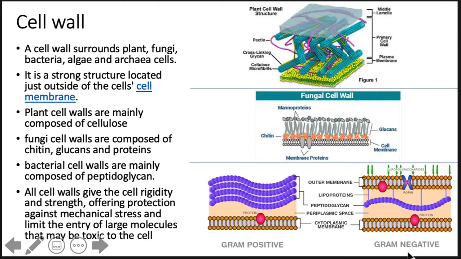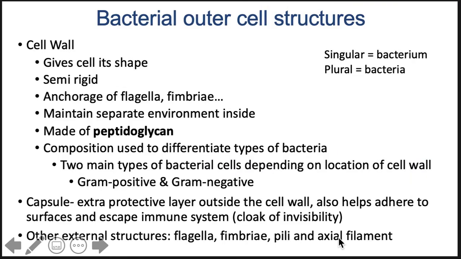Remember that only gram-negative, and all gram-negative cells, will have that LPS, lipopolysaccharide, in their outer membrane, okay? So bacterial outer cell structures, right? The cell wall, as we talked about, gives its shape, semi-rigid.